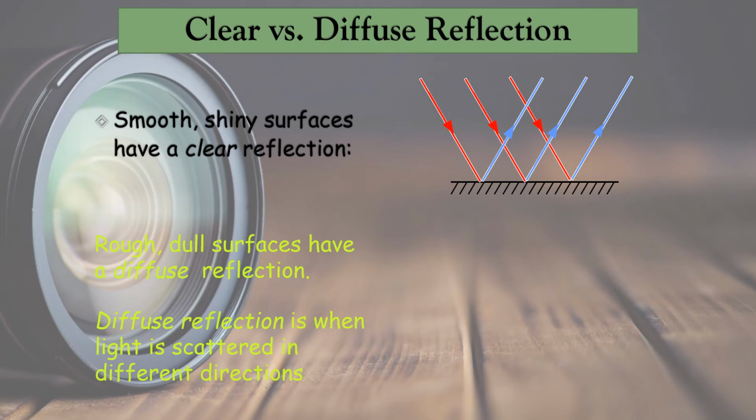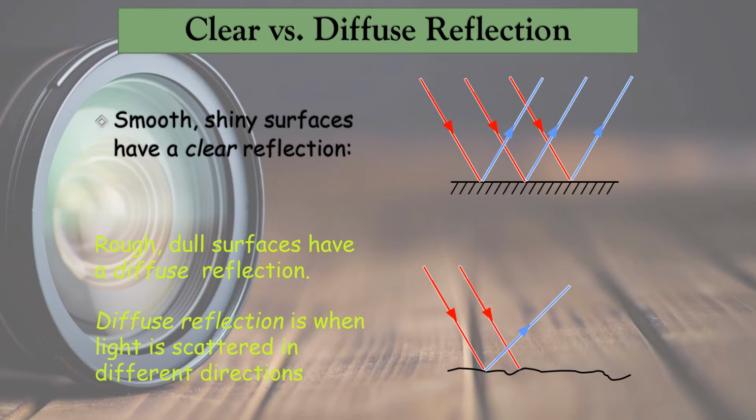Whereas if there is a surface which is rough or dull like this, it will have a diffuse reflection. Now diffuse reflection means like this. The rays are falling like this and it will not get reflected like in the first case. ठीक है, ये किसी भी तरीके से जिस हिसाब से सरफेस है उस हिसाब से रेज फॉल होगी और रिफ्लेक्ट होगी.